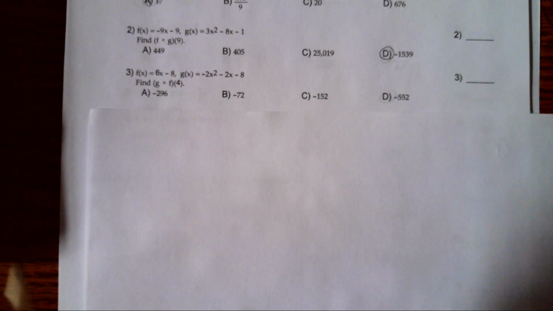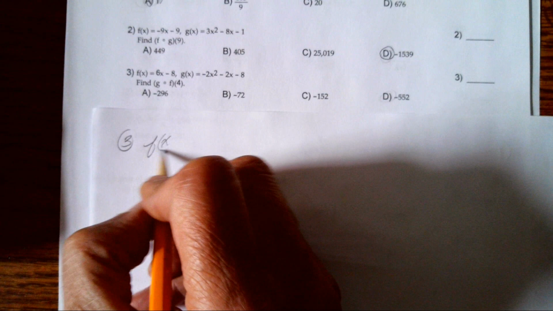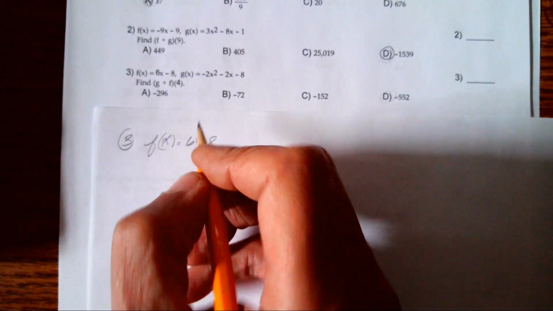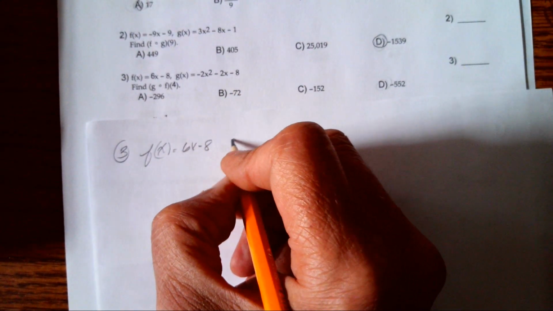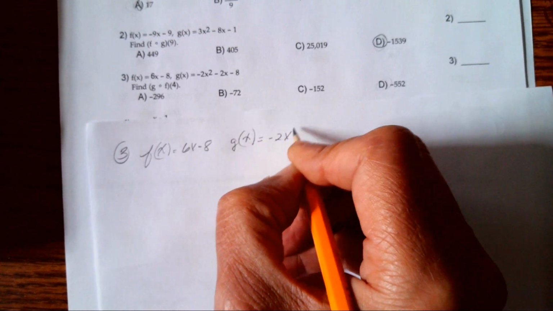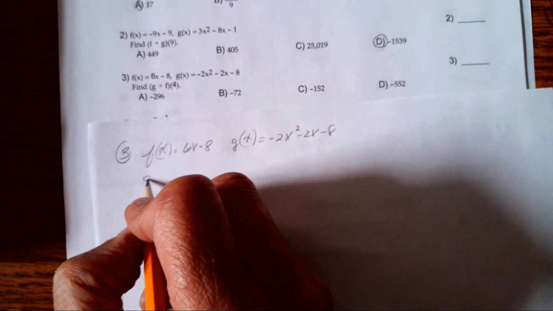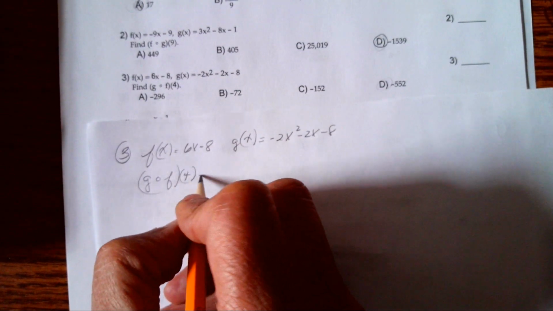Number 3. F of x defined as 6x minus 8. And my g function, a little lengthy, negative 2x squared minus 2x minus 8. He wants me to calculate g composite f of 4.